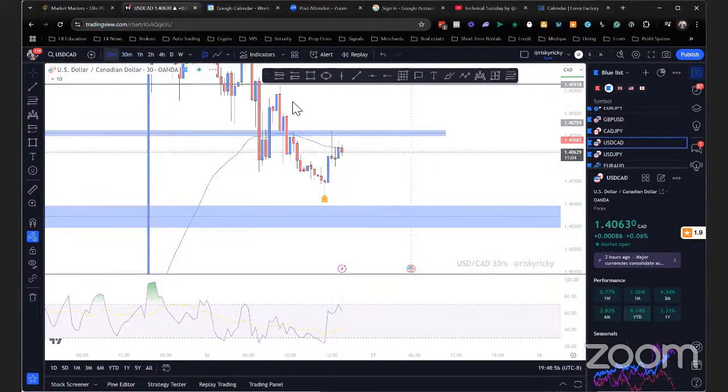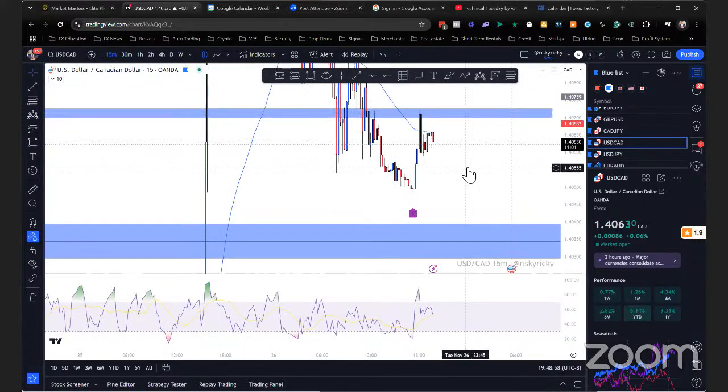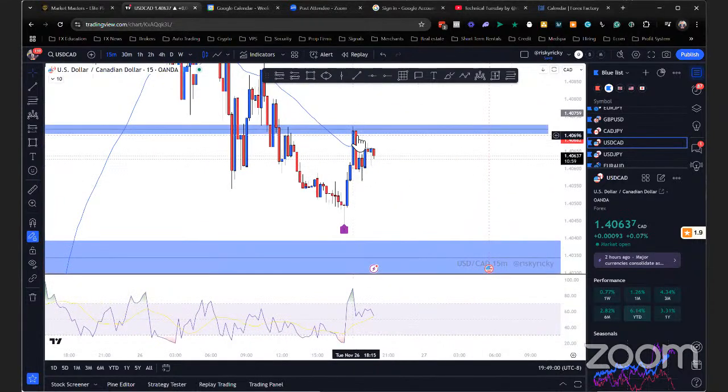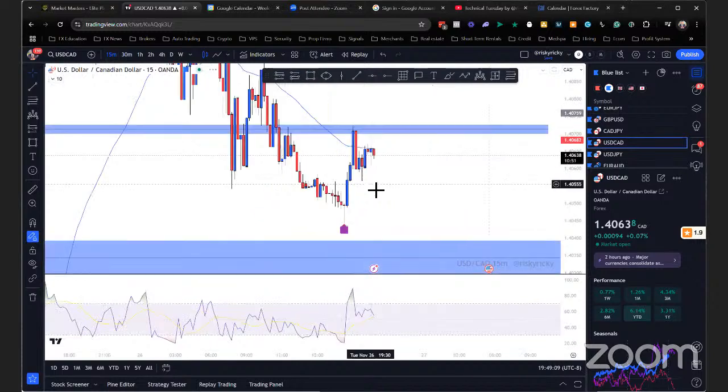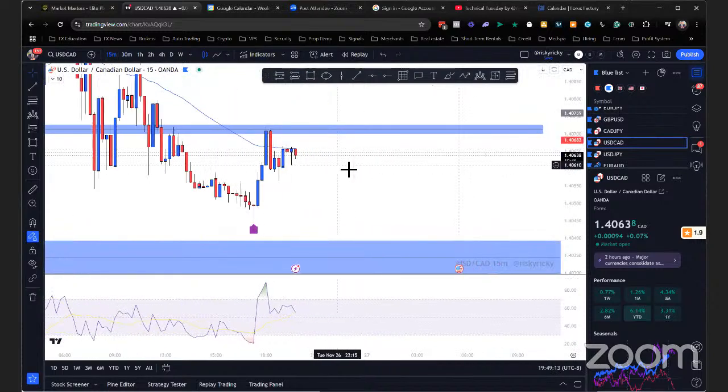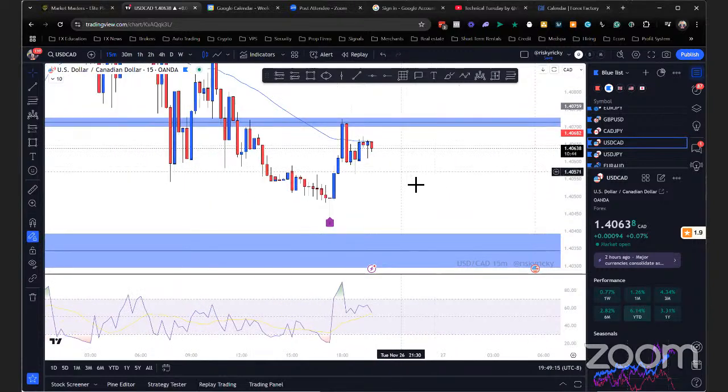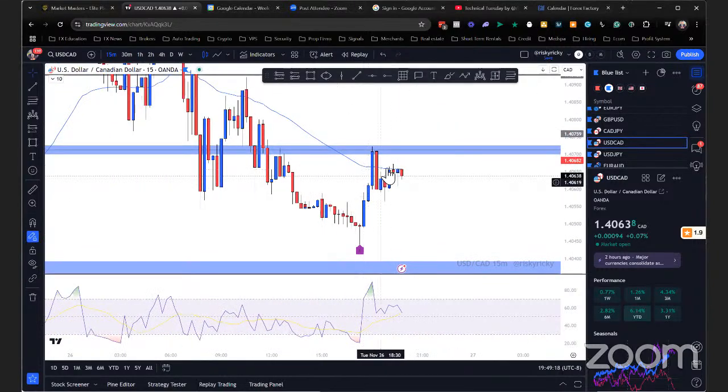Let's see if we can maybe scalp this. Zoom in some more, bearish engulfing. Usually when you see a shooting star like that, if you go into a smaller time frame, you don't normally see stuff like a bearish engulfing or a morning star or evening star. In this case, potentially like the evening star, but it did a bearish engulfing.